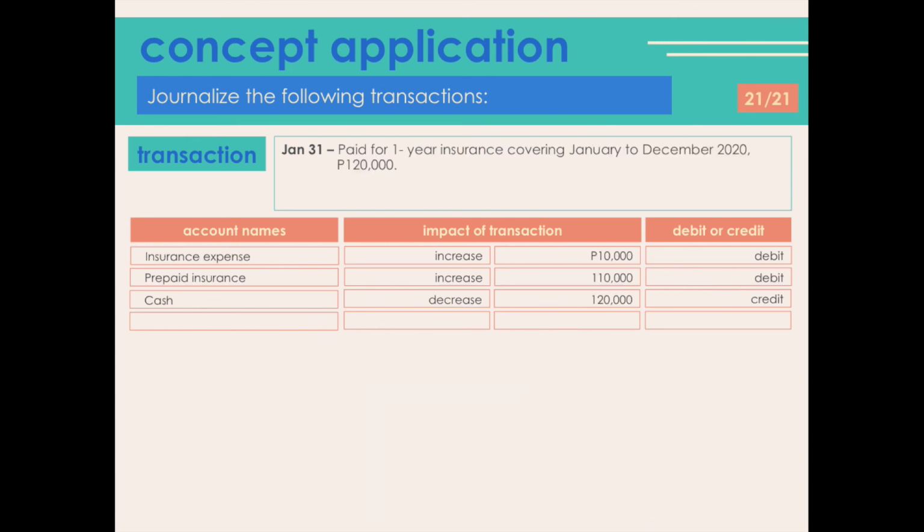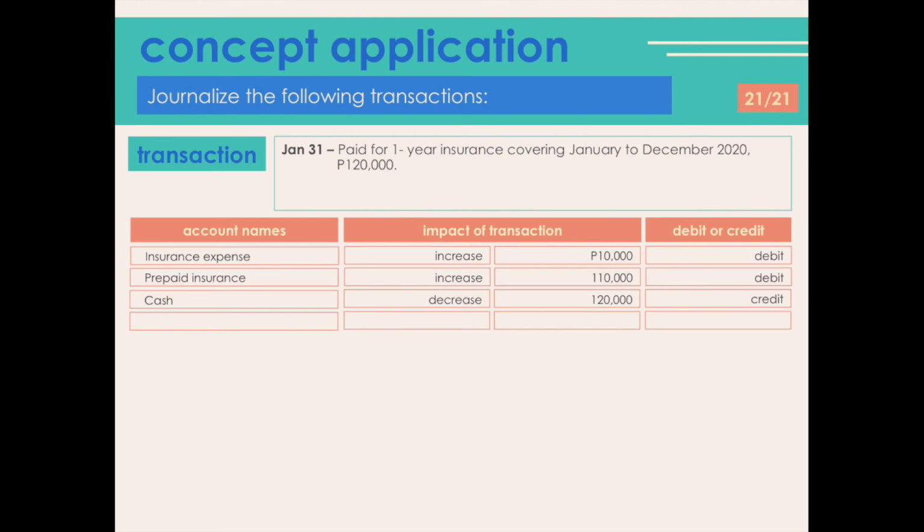January 31. Paid for 1-year insurance covering January to December 2020, 120,000 pesos. This transaction is a bit more complicated compared to the previous expenses. Here the company paid for 1-year insurance covering January to December. This means that part of the payment pertains to services already consumed, more specifically for January 2020.